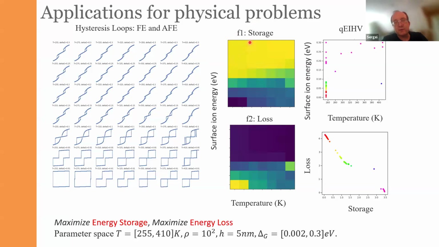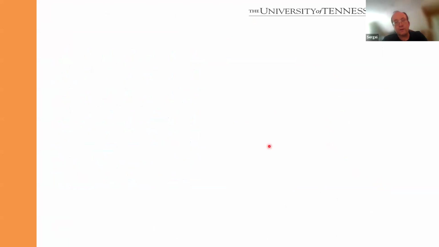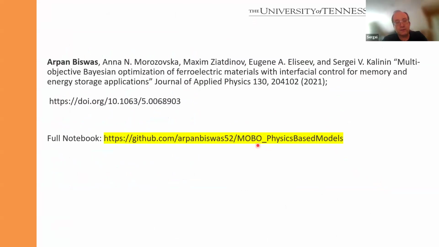So this is the example of the storage. This is the example of the loss. These are the example of the Pareto frontiers that balance how much we can store and how much we lose during that properties. And of course, there is a paper where you can read about it in the detail.